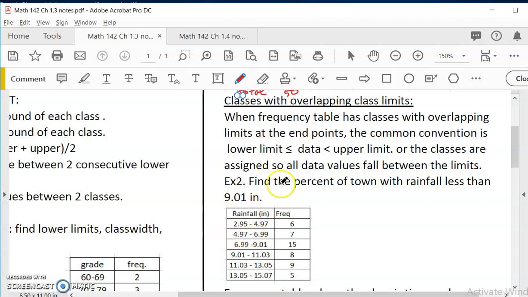So whenever you have classes that overlap, any data that is equal to the lower limit would belong to it, but always less than the upper limit. But very often you would not have data with two decimal places. They arrange it in such a way that all the data would only have one decimal place, so they are either 4.9 or 5.0, and everybody knows which class it belongs to.